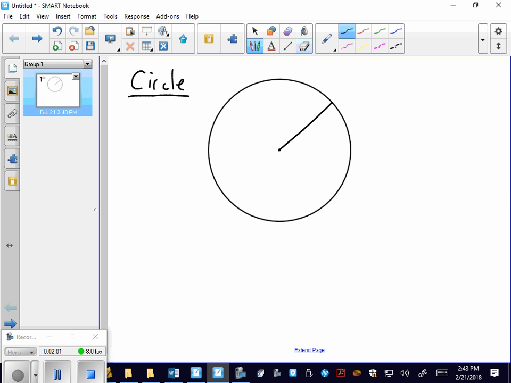It's going to be an xy value, but we actually call it by the ordered pair h, k, and that is your center. This particular line has a specific name to it. The distance from the center out to any point we call the radius, and we call that little r, and that's the radius.